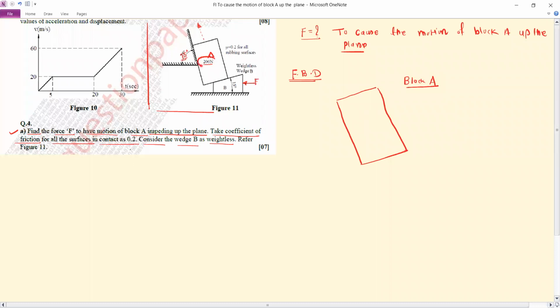It is given here as 200 Newton, and it will act exactly in the downward direction, vertically downward. So this is 200 Newton.